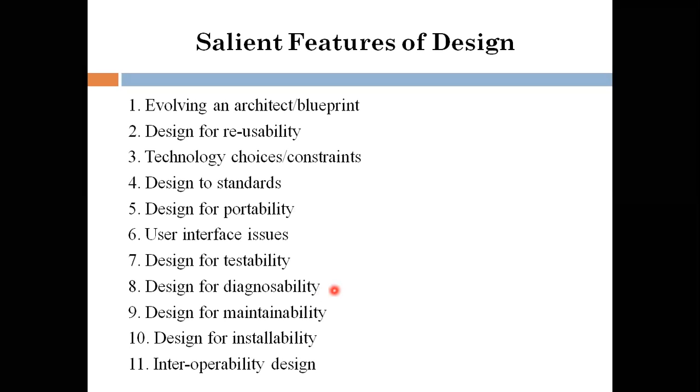That is design for diagnosability. Then design for maintainability, how I'm going to maintain particular things, and installability. And the last one, interoperability. So these are the 11 features of design, or the major pillars of this module 3.